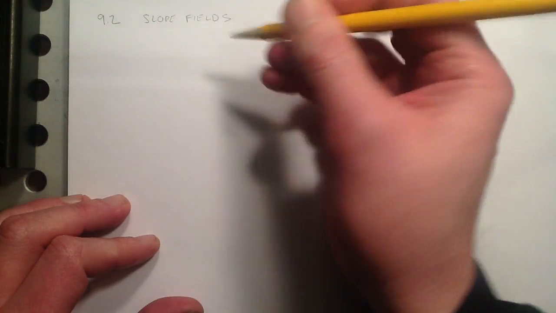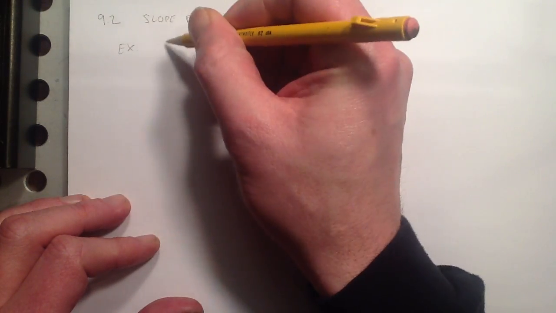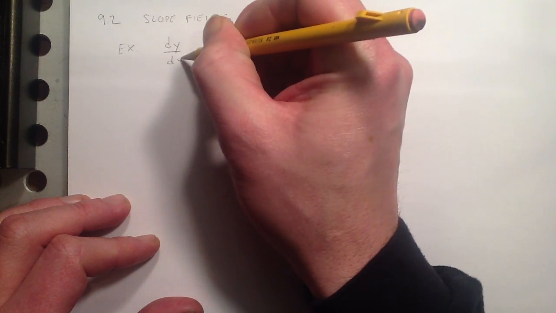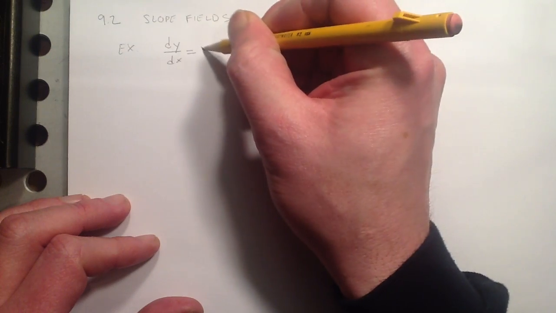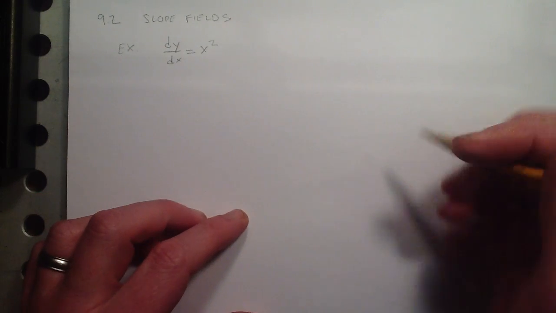So to create a slope field, I'll do an example here. Let's say we have the differential equation dy/dx is equal to x squared. We'll start with that example.